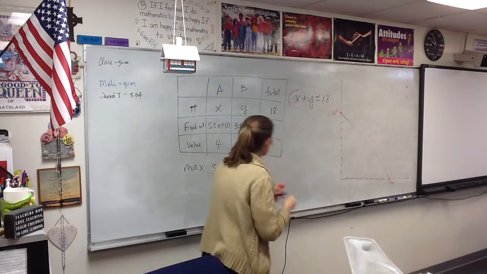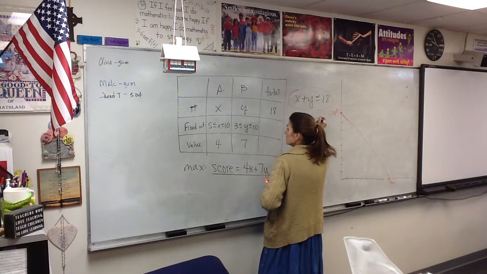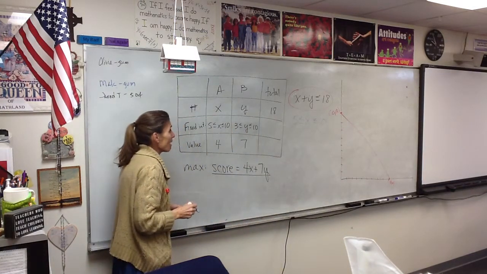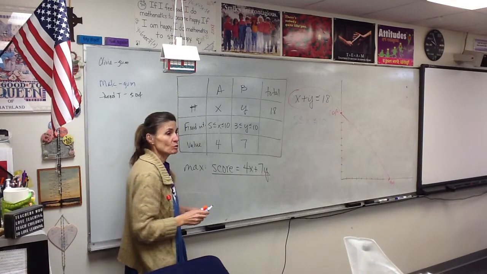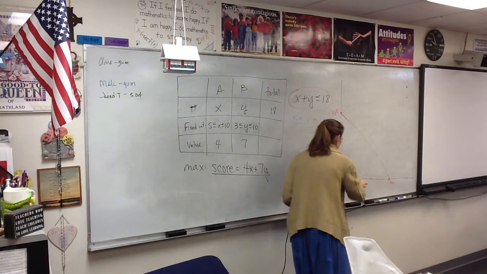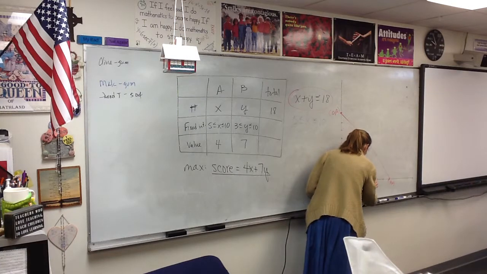What else do I graph? The fixed intervals need graphs. So I'm going to recopy this over here. Oh, my board's so dirty. I'm going to graph all of the x's between 5 and 10. Now remember, my hash marks are worth 2. So this would be 5, and this would be 10.